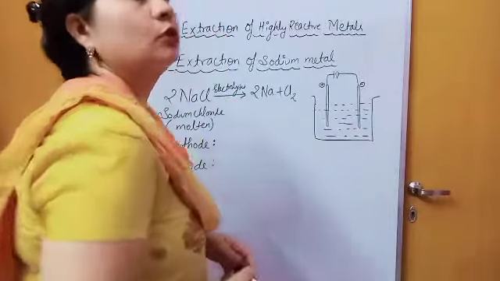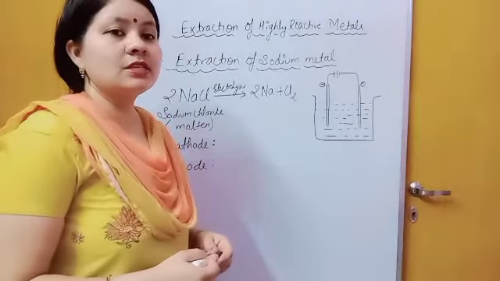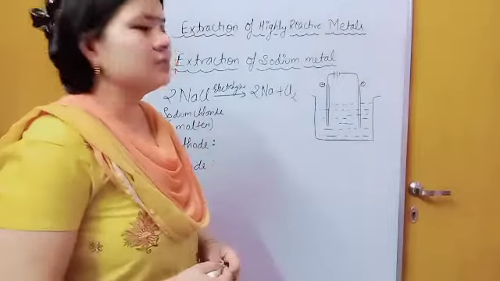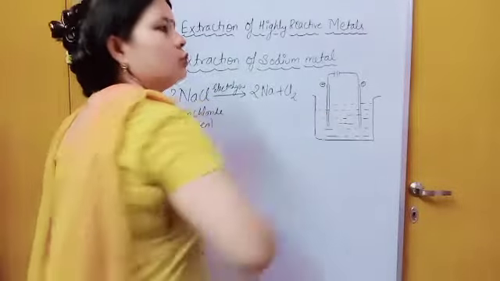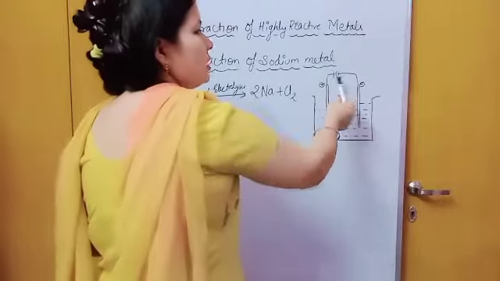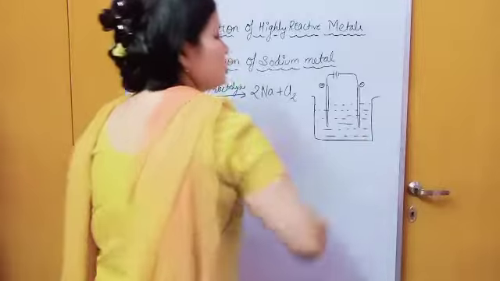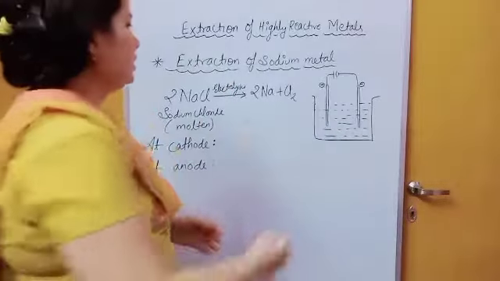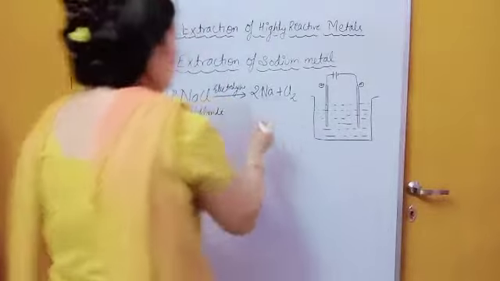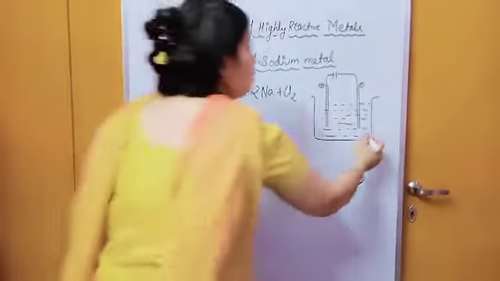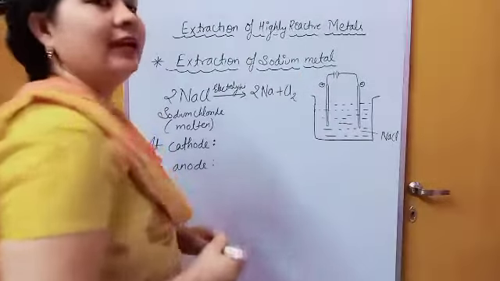You know electrodes are of two types, cathode and anode. The cathode is negatively charged and the anode is positively charged. The two terminals are connected with a battery, and we take a solution through which we have to pass electricity. Here we are passing electricity through NaCl, so this is a molten solution of NaCl.